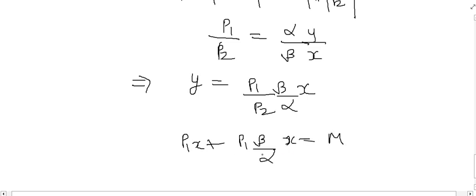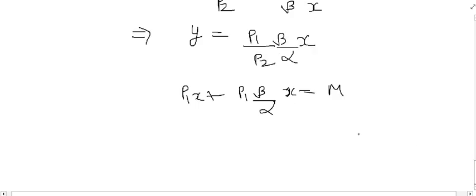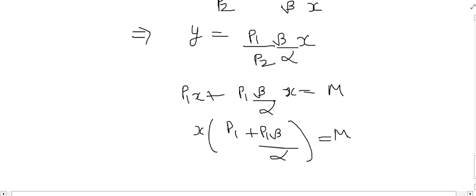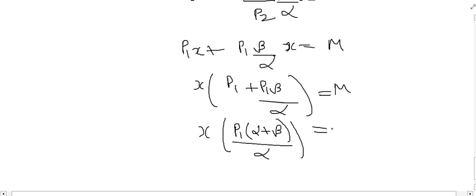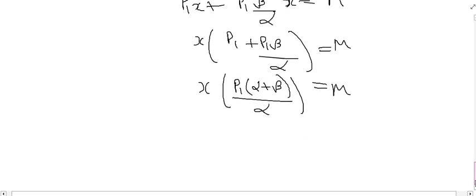On the RHS, we have the money income. Now we take x common. We get P1 plus P1 beta upon alpha, into x equals m. Now we do a bit of algebra here, and we denote the equilibrium bundle.